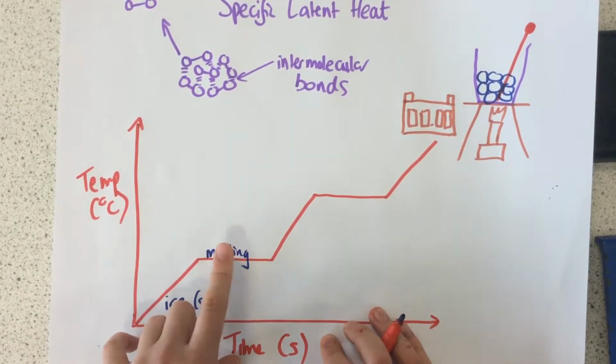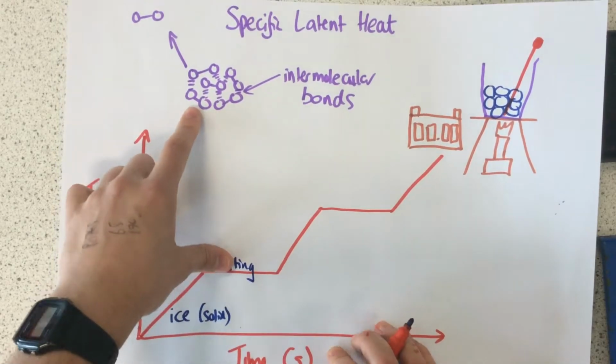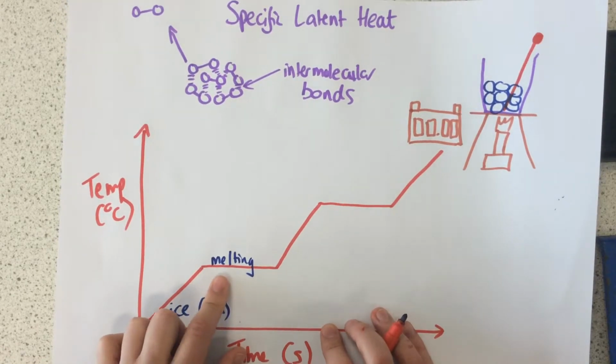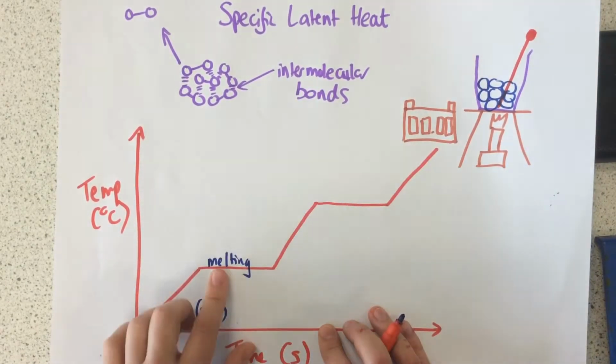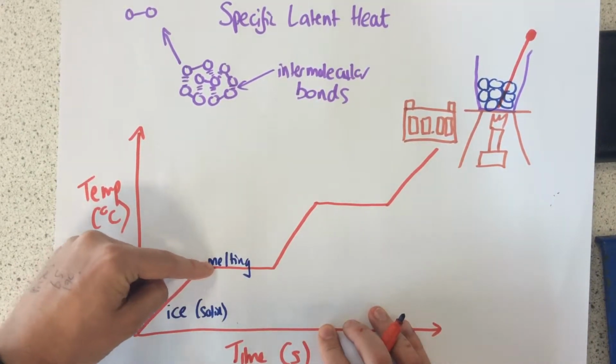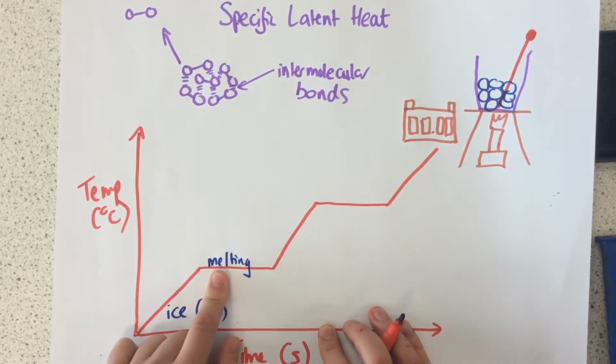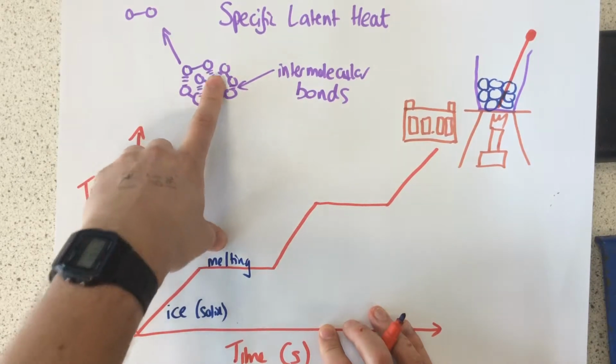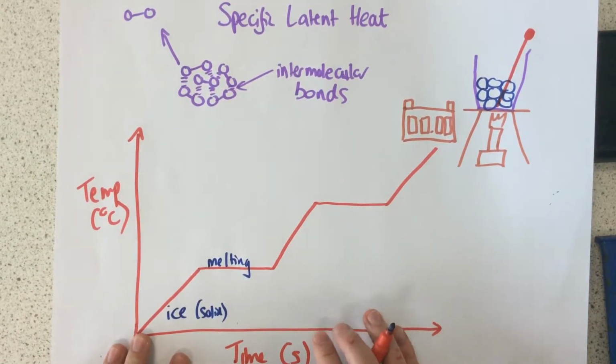The reason for that is all of the energy is going into breaking the intermolecular bonds within the ice. So therefore, we get this flat section here where the temperature does not go up because all of that energy is going into breaking bonds instead.